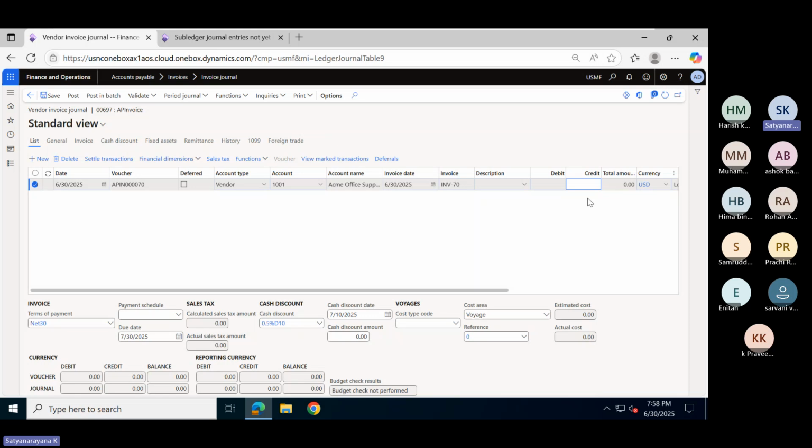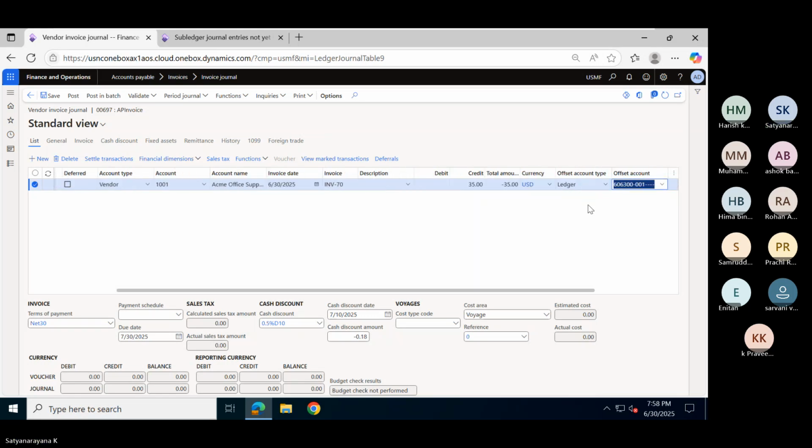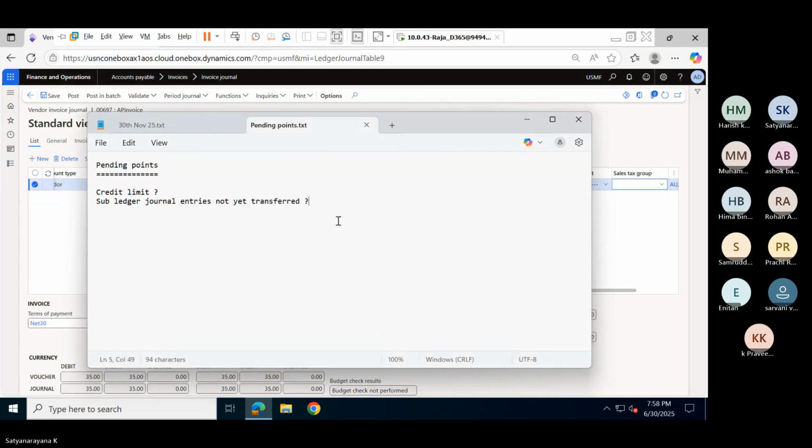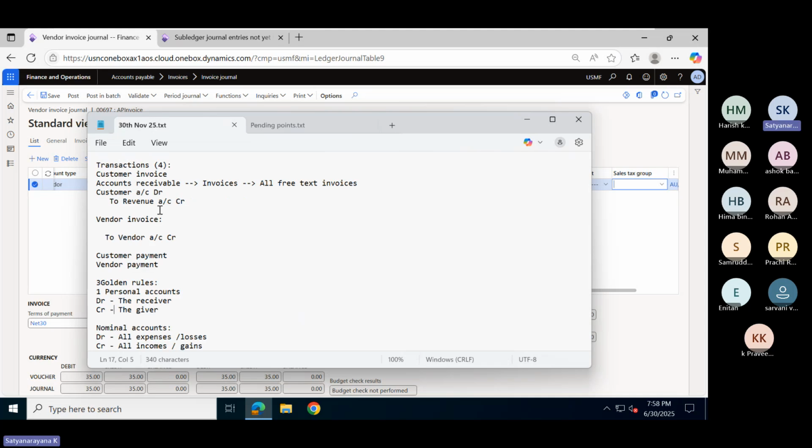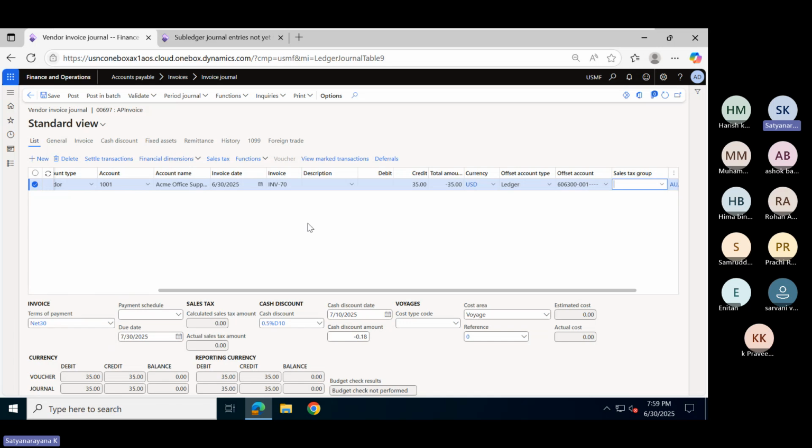So I'm entering credit, suppose $35. Now look at this one, vendor credit. It is vendor credit. And here debit all expenses and losses. So expenses account debit to vendor account credit.